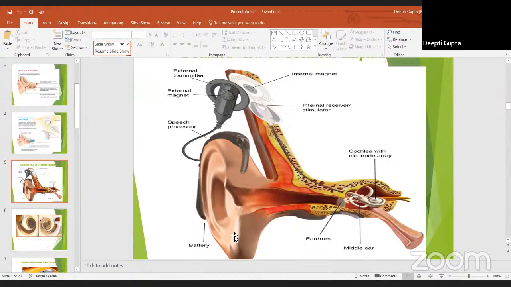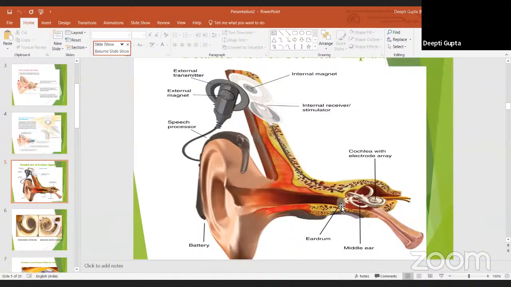Suppose a person has some problem in the outer ear, or some problem in the middle ear, that is the bones. And as we all know, sometimes if the eardrum gets damaged, it is difficult to understand the sound, and it is difficult to give that sound to the inner part and reach the brain.